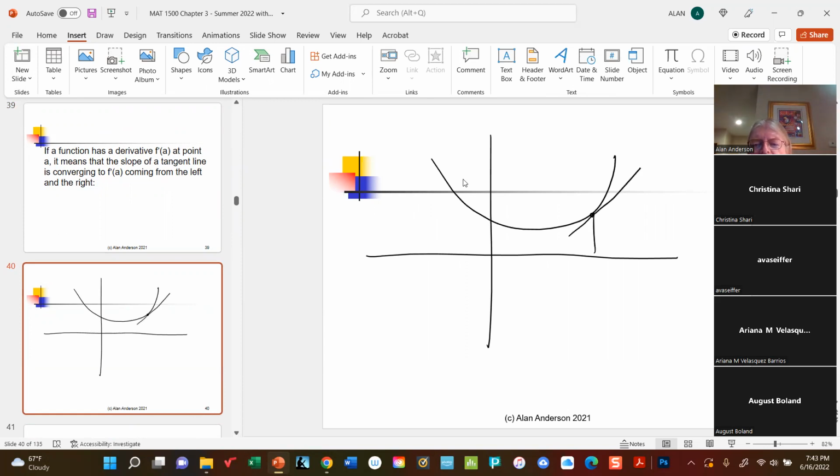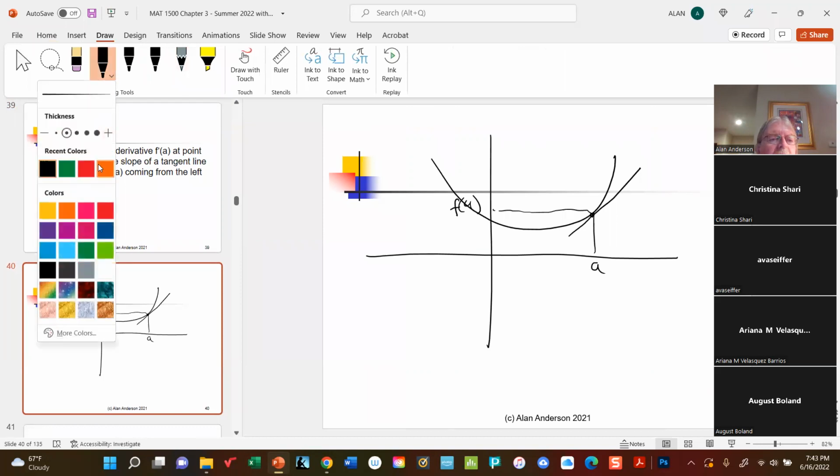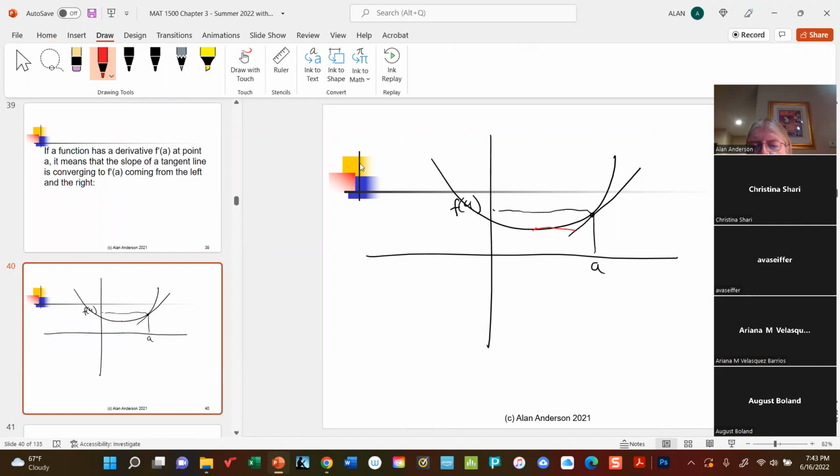So let's say this is some point A. This is f of A. So what I'm trying to get at here is that if I were to draw a bunch of tangent lines from, let's say, here, and then as I keep getting closer and closer to A, the slopes of these tangent lines is getting very close to the actual derivative.